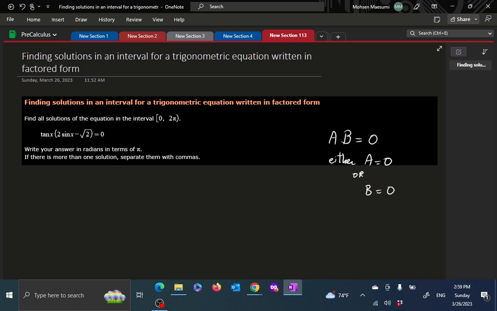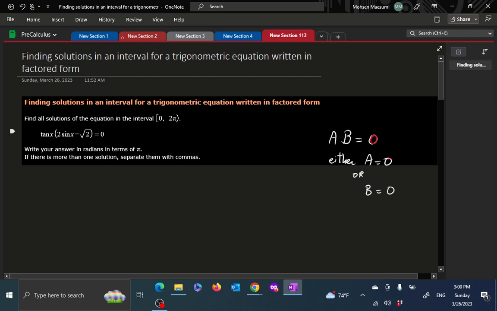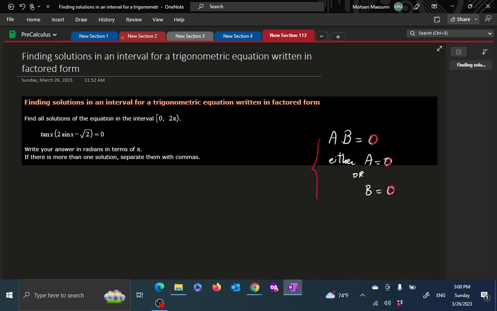And this property only applies to the number 0. It's not that if a times b is equal to 5, we would say either a is 5 or b is equal to 5. No, we don't have such a thing here. It is essential that the right hand side of the equation is 0. Sometimes we refer to this as the zero factor theorem.